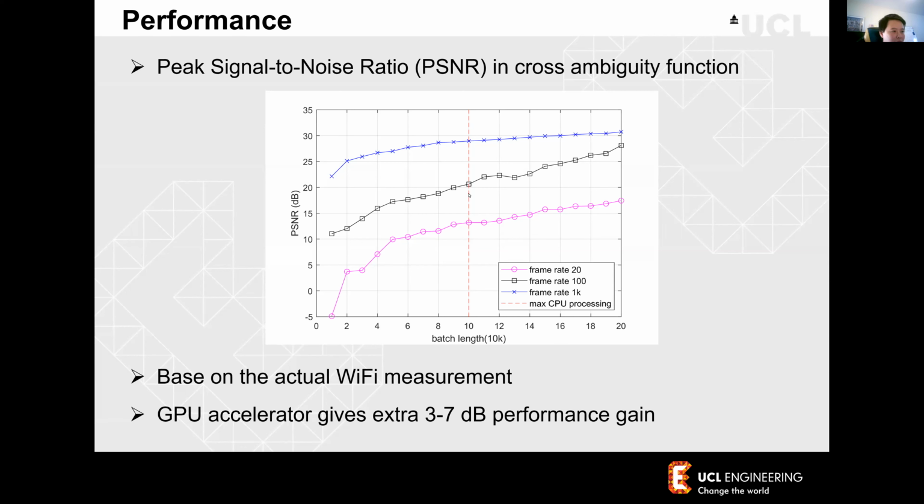So basically this can be thought of as the baseline for the CPU, and here is the performance gain by the GPU. If we use the GPU accelerator to speed up the process, it can go up to 200K over here. Overall, the GPU accelerator gives an extra 3 to 7 dB performance gain on top of only the CPU processing, with exactly the same algorithm.